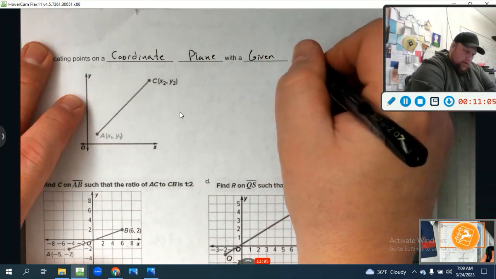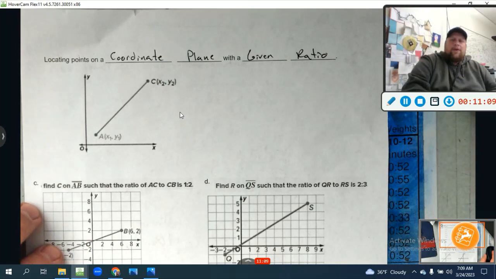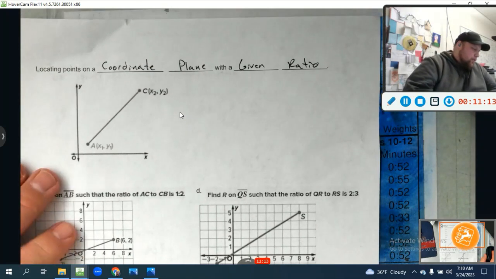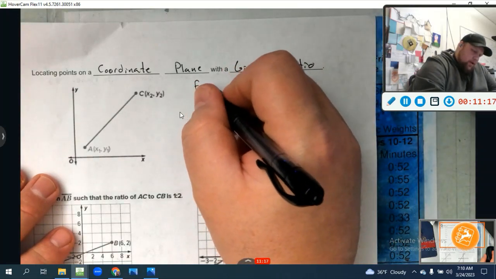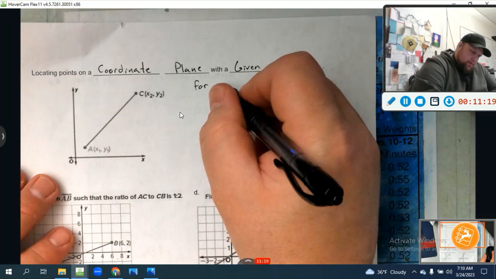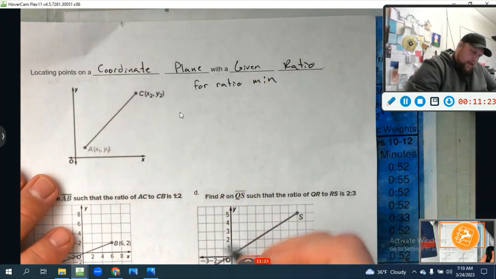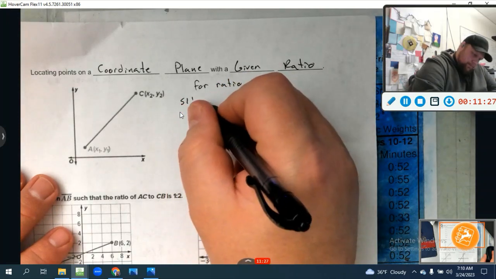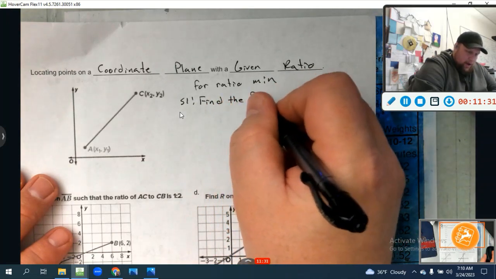Now this is going to be very similar to the last lesson. There is a way to look at that ratio, but at the end of the day, guys, we want to change that ratio to a fraction. So for a ratio m to n, we're going to say step 1 is this. Find the fractional distance.